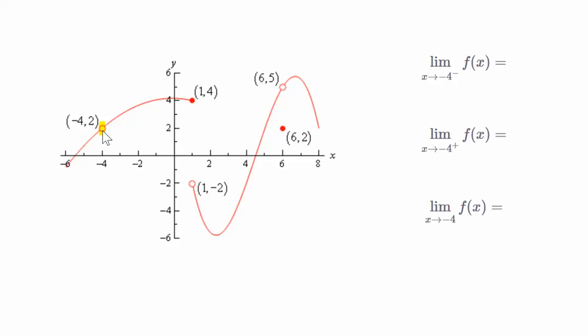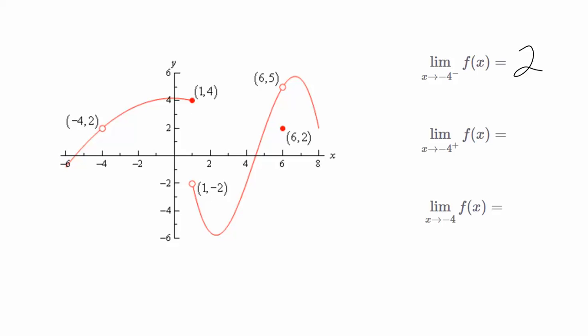That doesn't mean that my limit does not exist. We're this time looking just from the left. So I'm going to trace out from the left, and I'm getting closer and closer. And the closer I get to x equals -4, I'm going to get really close to 2. So my limit is 2.